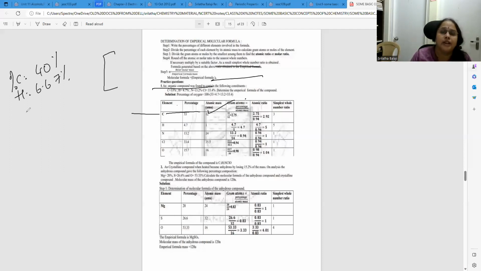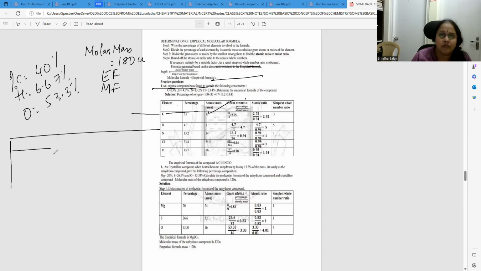Find the empirical formula and molecular formula. So what we will do is tabulate the same way. What are the elements we have? Carbon, hydrogen, oxygen. And what is the percentage? 40, 6.67 and 53.3.